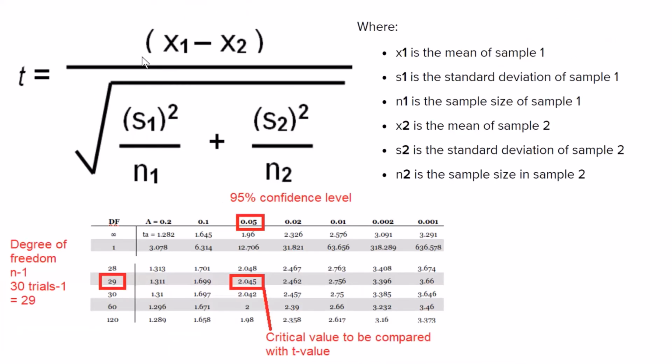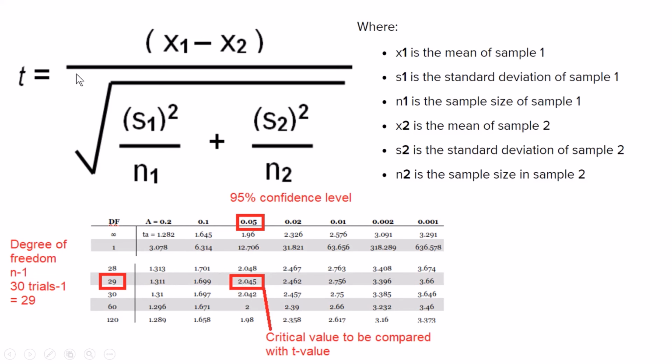So for example, like I said before, it's a manual way of calculating the t-test. You calculate the t-value using this formula. Then, for example, let's say you have done 30 trials, the degrees of freedom will be N-1, which is 29. So you go to the statistics booklet, check the data table, and degrees of freedom is 29. Then at the 95% confidence level, 5% significance level, you have your critical value at 2.045.